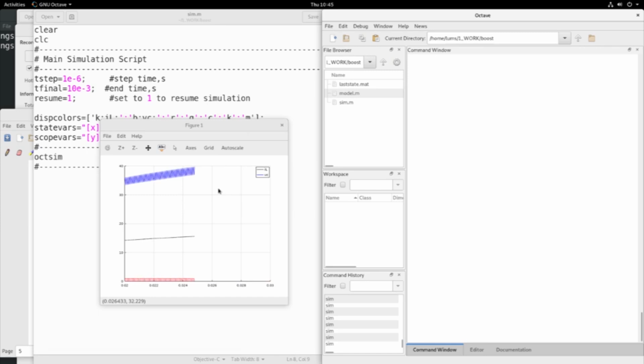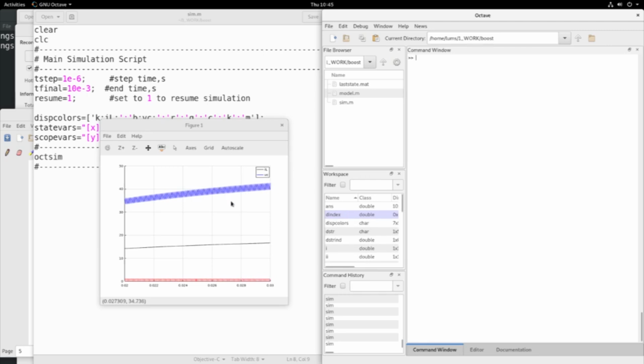In this way you can resume the simulation at any point in time by storing the last simulation step value of the previous simulation. So this is one of the advantages of the resume command, which we have seen earlier and which we can use here.